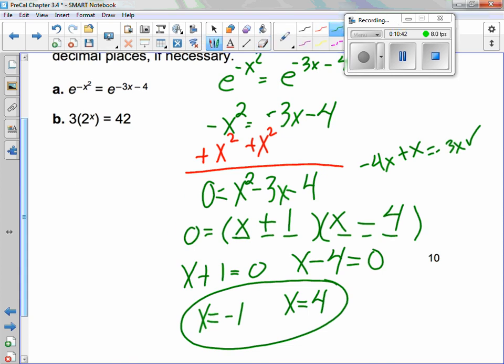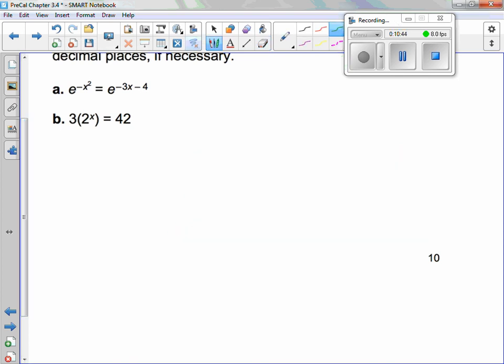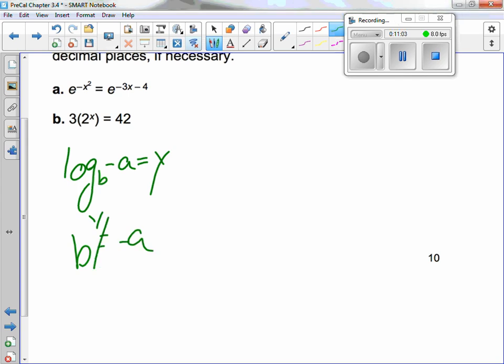Because where do we have to be careful? We have to be careful with logs and natural logs because we cannot have a negative inside of a logarithm. It just doesn't work. Because what we're saying, if I have log base b of negative a equals y, really what I'm saying is b to the y is equal to negative a. Because if we remember most of our graphs of these logarithmic functions, they do not go below the x-axis.